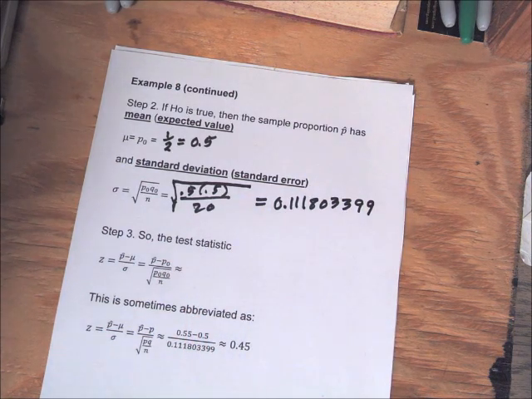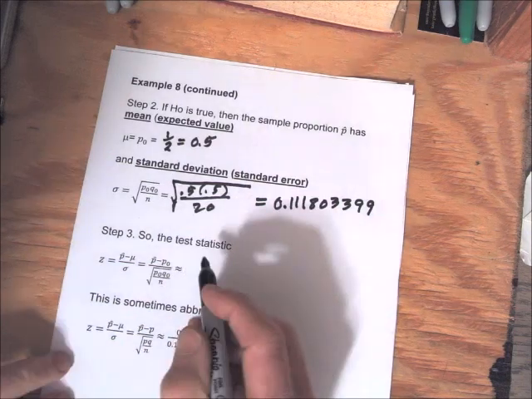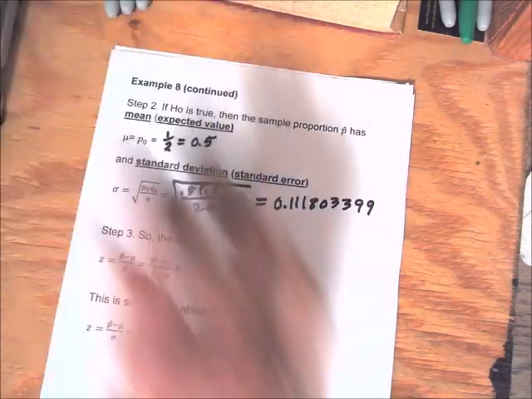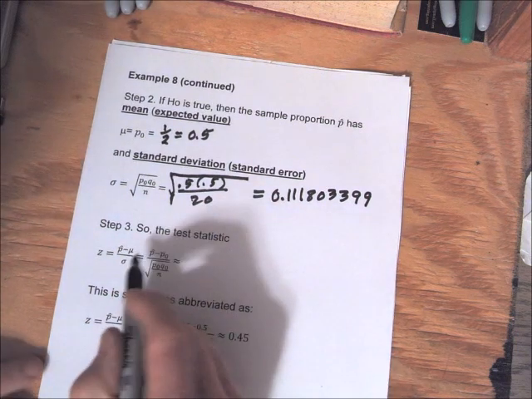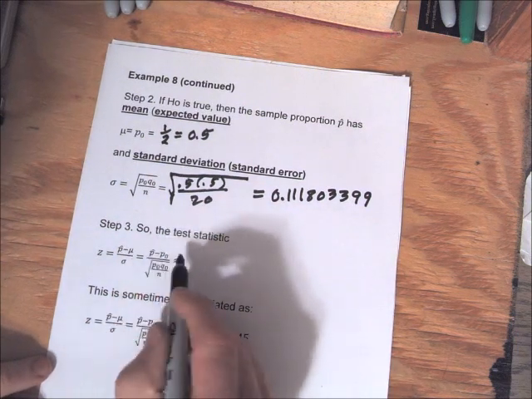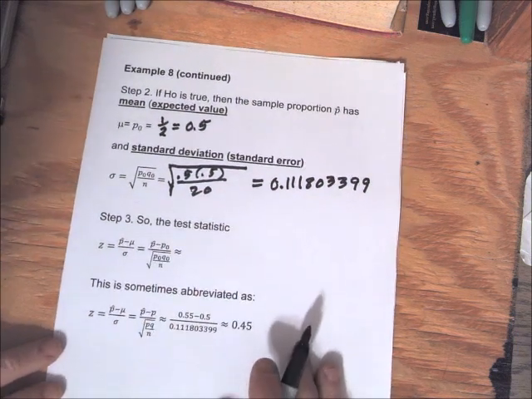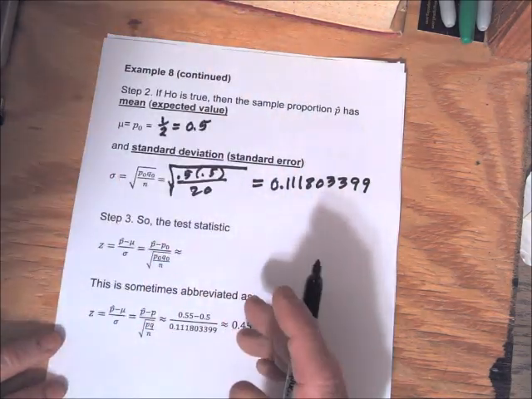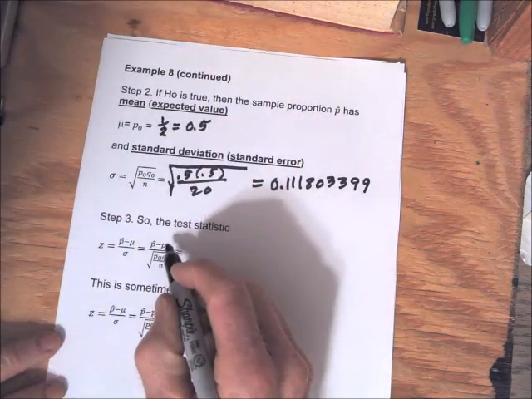Okay, so then we can compute this test statistic. That's actually a z-score. The z-score is the score minus the mean divided by the standard deviation. It's basically a variation on the same formula that we were using earlier in the semester.